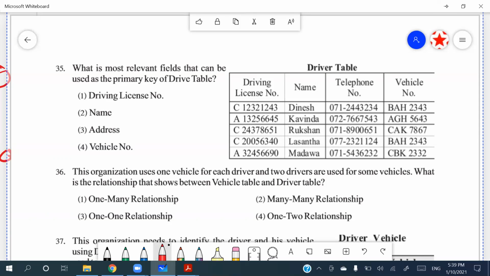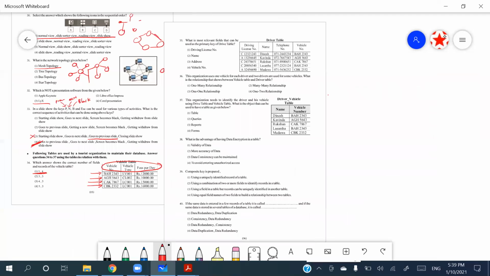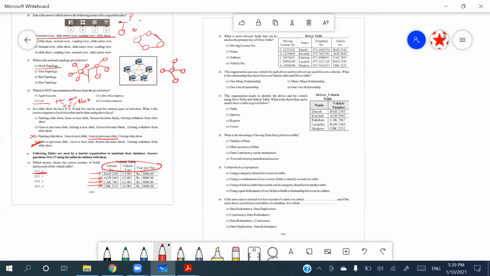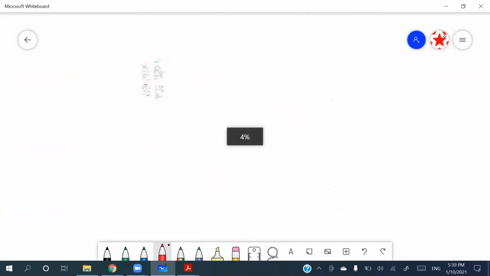Telephone number is going to be a good one, but the most suitable one is the driving license number, right? Yes, I have plugged it to the power. Thank you. So the most suitable answer is going to be the first one, the driving license number.